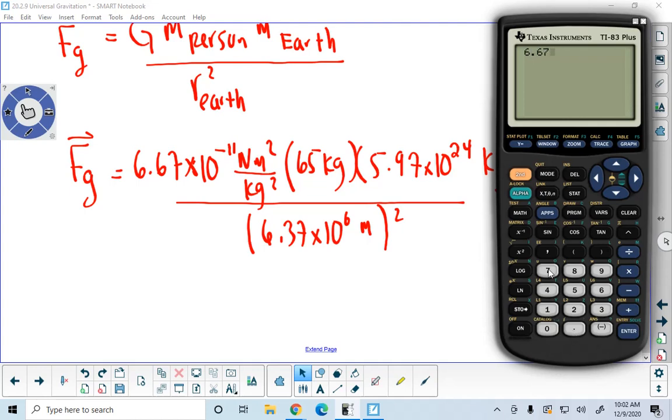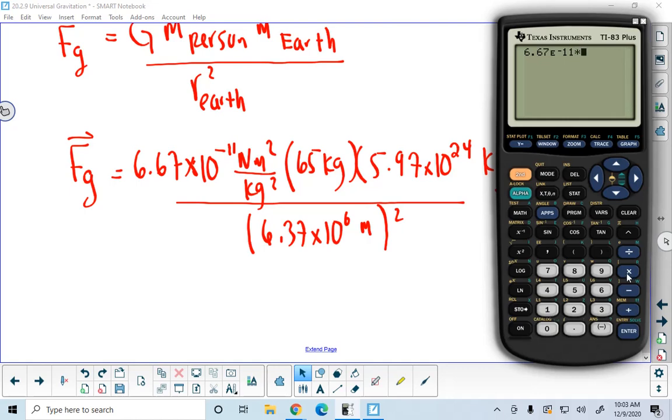The EE function is the second function of the comma key, which is above where my cursor is sitting right now on the 7 key. So I hit second and then that comma key, and then I enter negative 11. You do not put brackets around that whole thing. I've seen people put brackets and brackets and brackets. You don't need to do that.